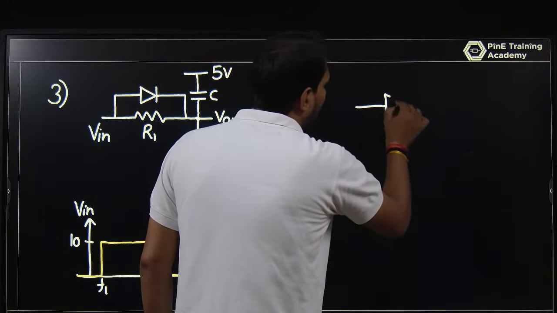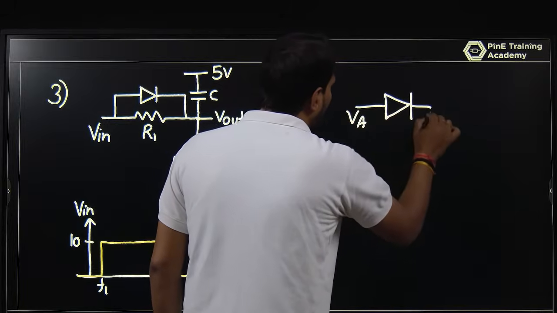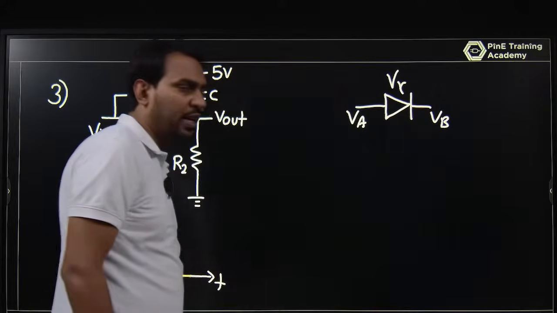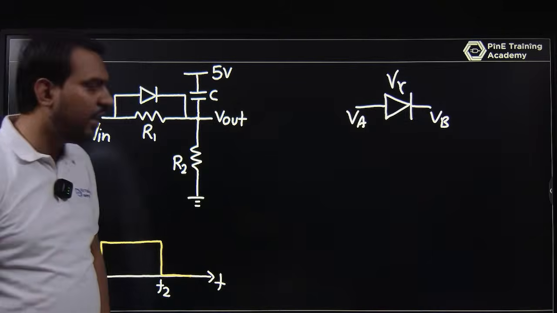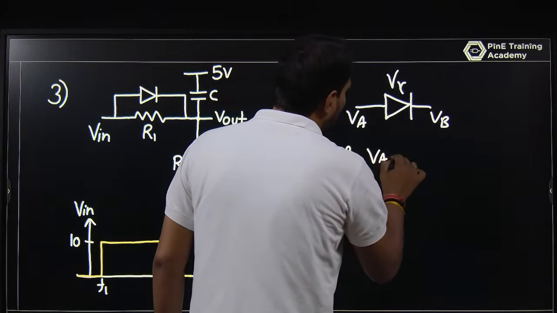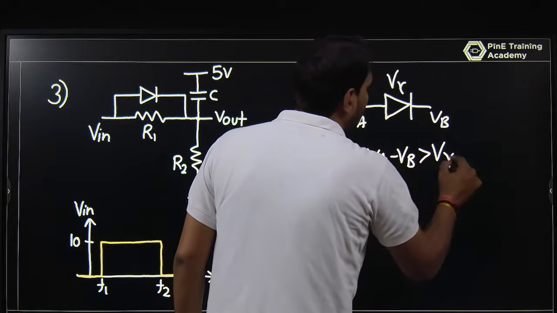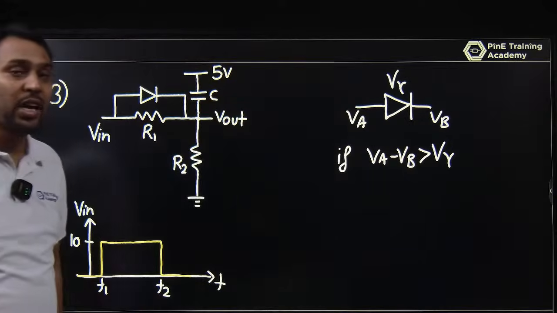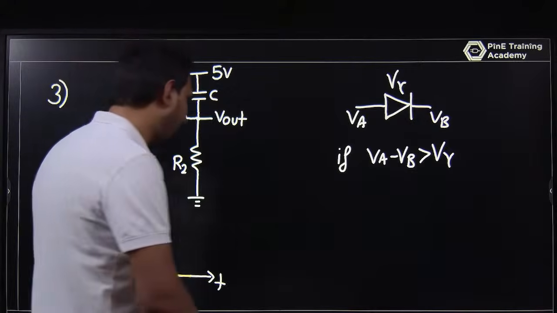So you have a diode here, you have a VA and a VB, and let this be V gamma, that is the cut-in voltage. If VA minus VB is greater than V gamma, then you can say this diode behaves like a short circuit with the supply of V gamma.